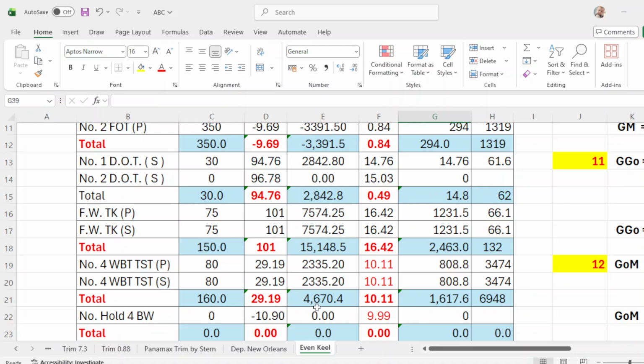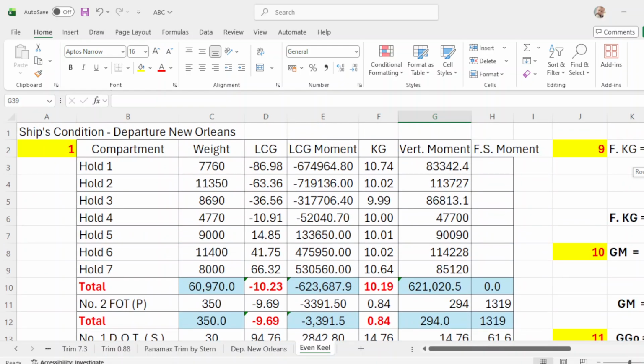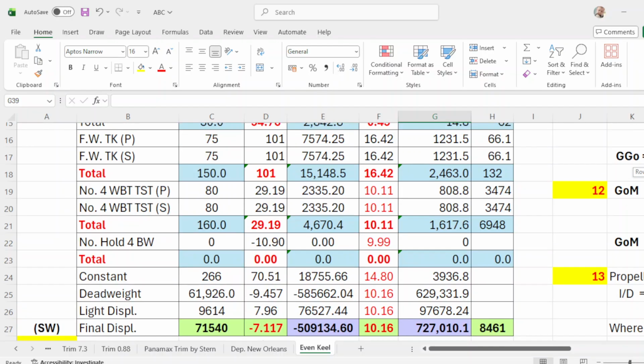And your total LCG moment is 4670.4, and total vertical kg moment is 1617.6. This is your total free surface.